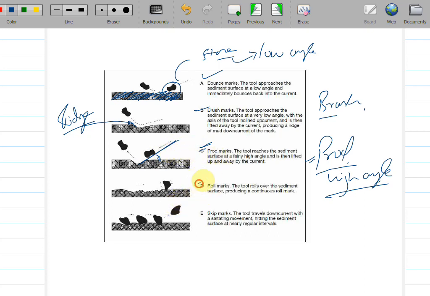Then there is roll mark. Basically the tool is rolling like this, going by rolling, so whatever structure forms on the bed, we will call it a roll mark. And then there is skip mark. In a skip mark, saltation is basically happening, not rolling, just a little bit of bouncing like this, then a little bit of bouncing like this, and then a little bit like this. So this is known as skip mark.